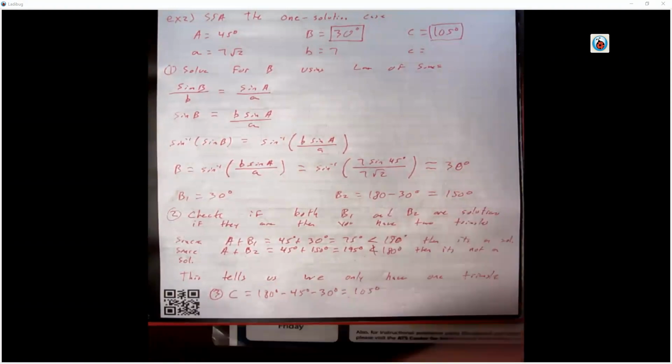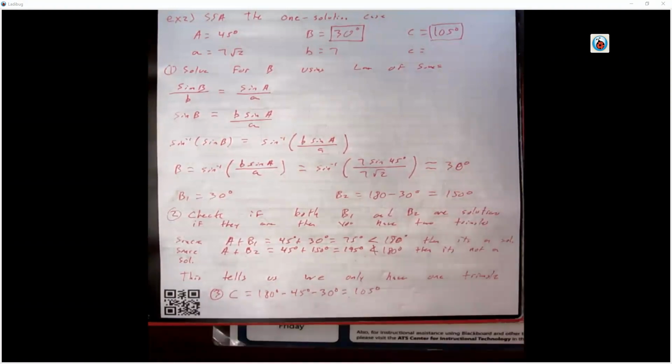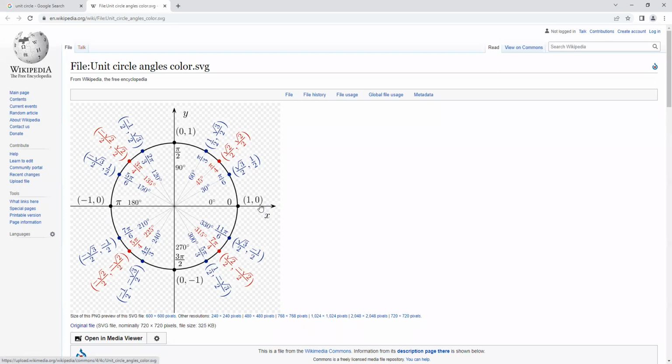If you notice, there's more than one location that satisfies sine. For example, if we had a sine value of 1/2, 30 degrees, right?